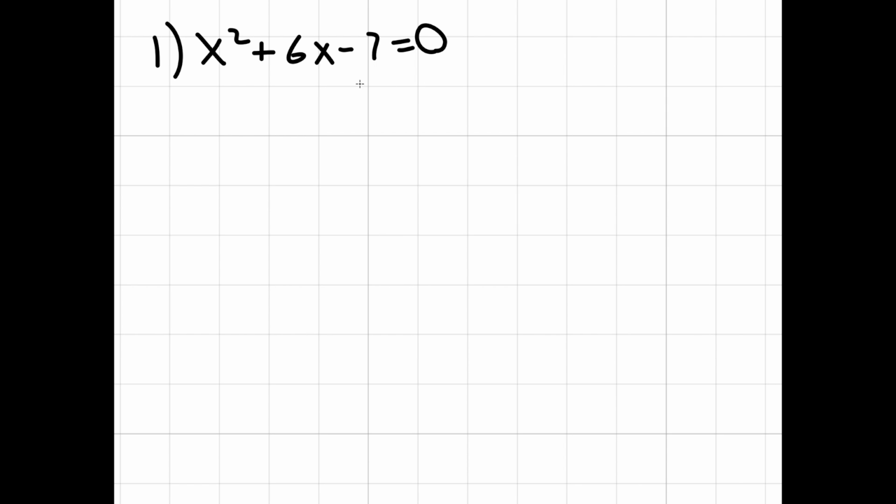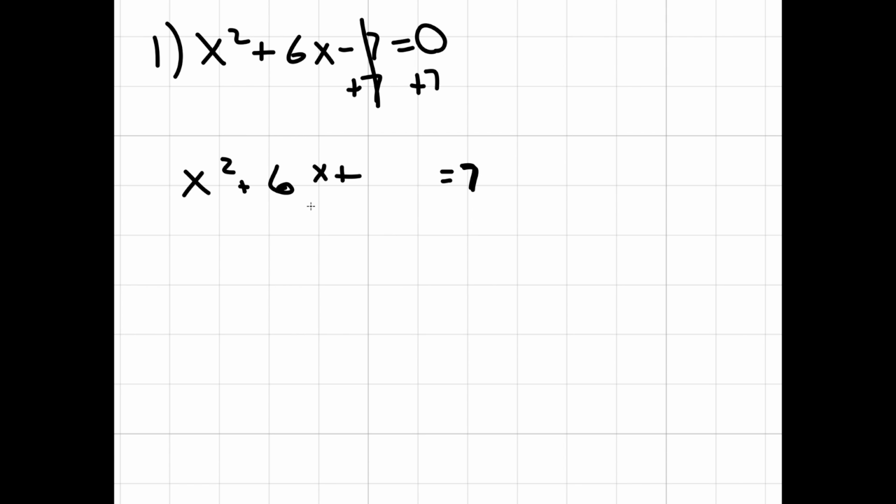We're going to subtract, or add this time in this case, 7 to both sides. That gets rid of the 7 here, and you get x² + 6x, and then you have to write plus again and leave a little blank there, and it equals 7.